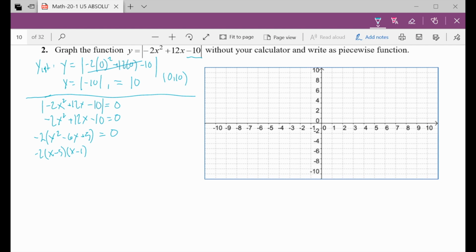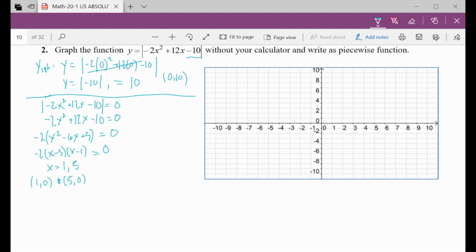There's the minus 6x, and then plus 5. Good, that does work. And so now we know that the x-intercepts happen at x equals 1 and 5, and that the x-intercepts themselves, therefore, are 1, 0 and 5, 0, just like that.